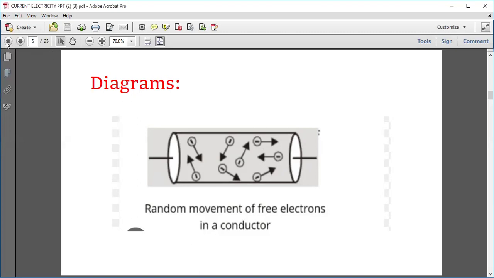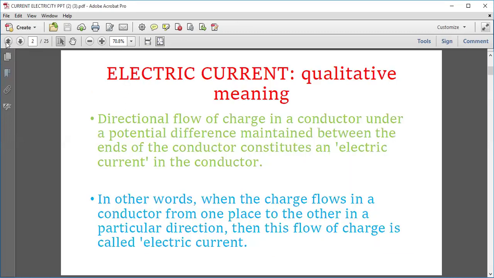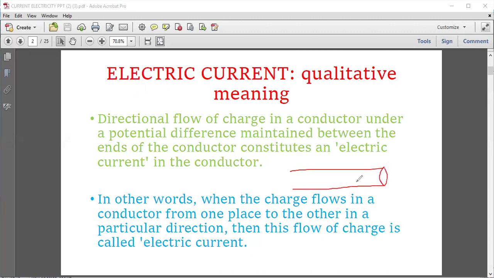But if you make their flow directional, how can you make their flow directional? By applying some potential difference across the ends of conductor. मतलब अगर कंडक्टर के ends के across एक हम potential difference apply करते हैं, then what will happen? जितने भी free electrons within the conductor हैं, they will start moving in a definite direction.